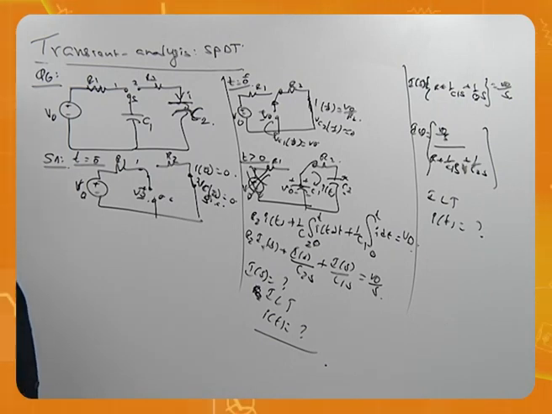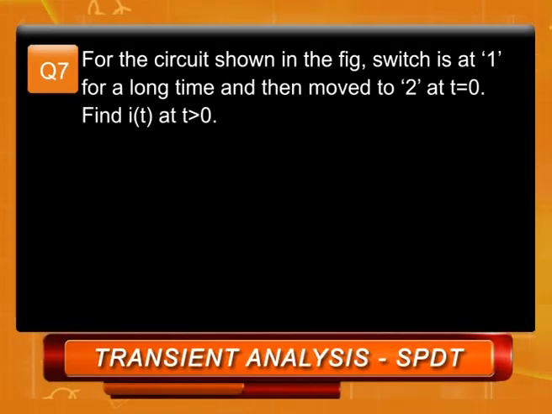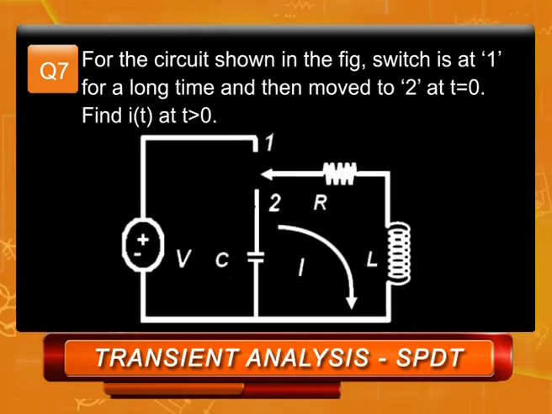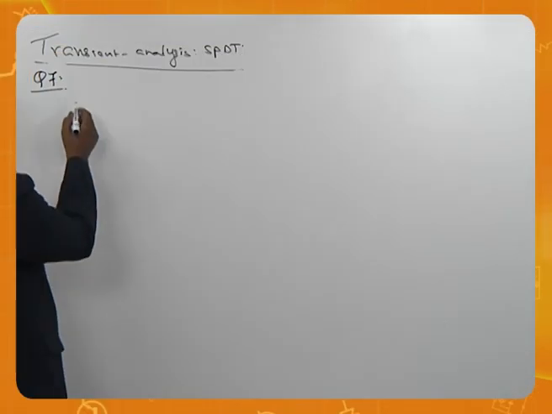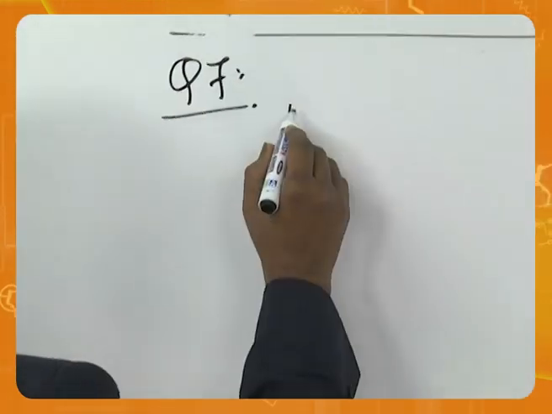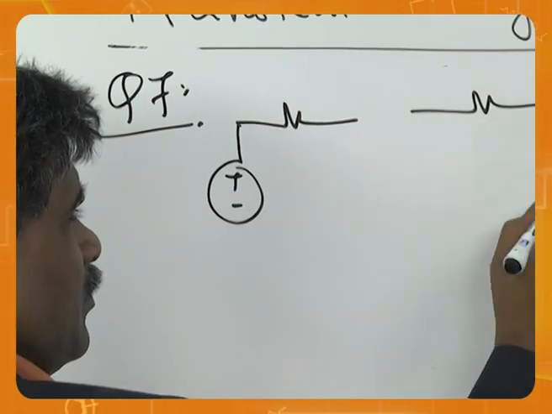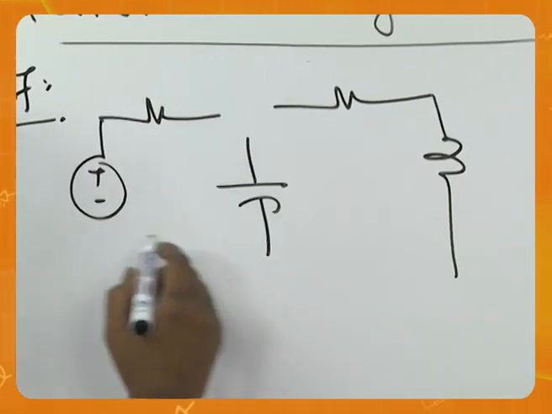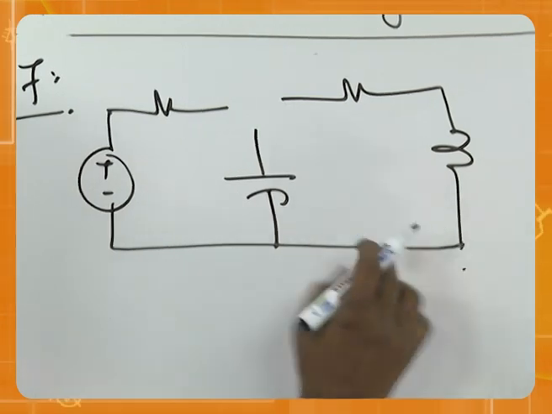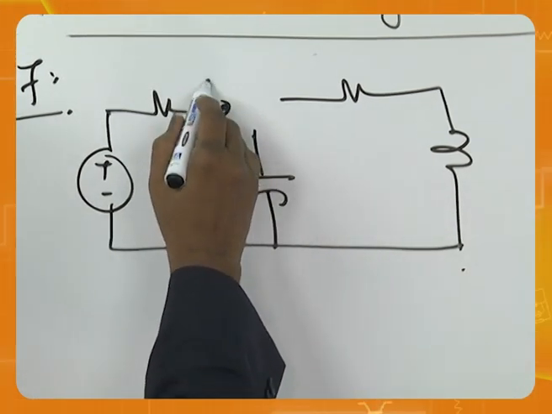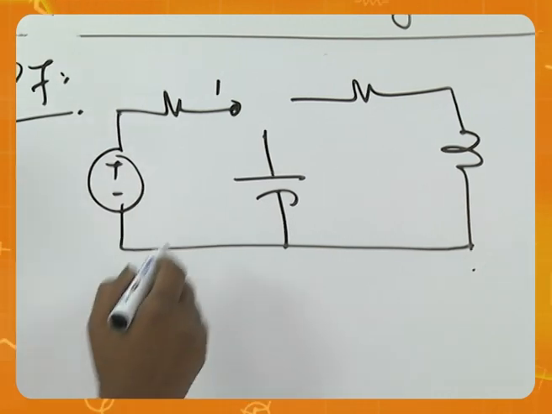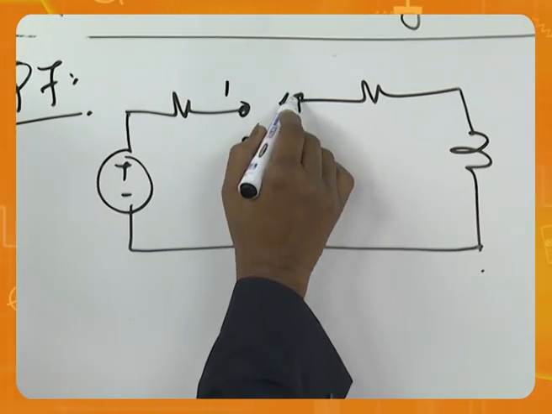That's our problem 6. For the circuit shown in figure, switch is at 1 for a long time and then moved to position 2, and then we need to calculate I of t. The whole idea is we need to use an inductor here to see what is going to happen. Here this is 1, 2, switch is here.